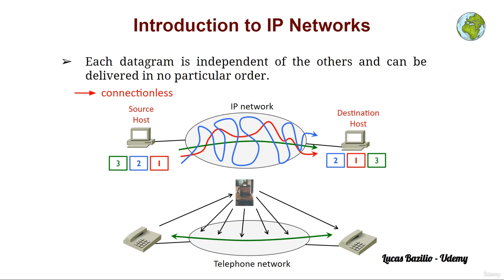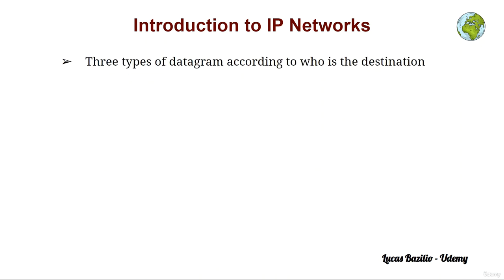So for now, it is very important to distinguish that the IP network is connectionless, in contrast to the telephone network, which is connection-oriented. In the Internet Protocol, we have three types of datagrams according to the destination. If a datagram has only one single and unique destination, this is called a unicast datagram.